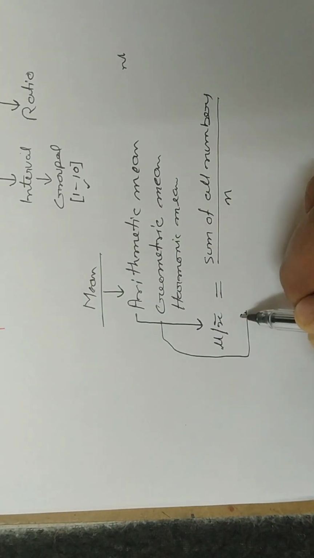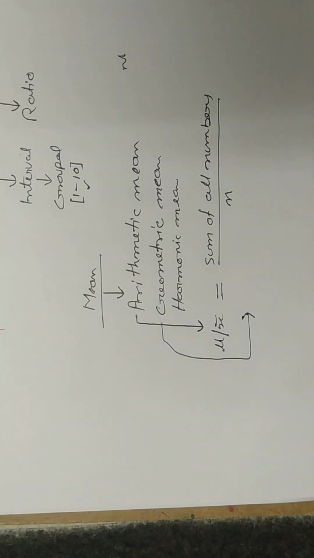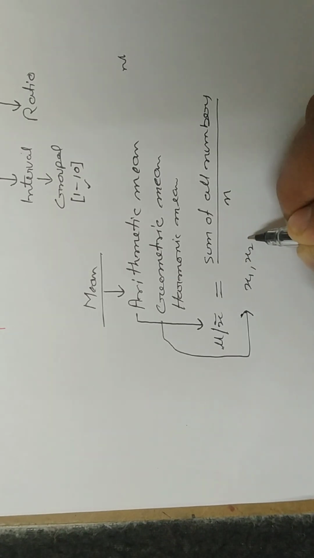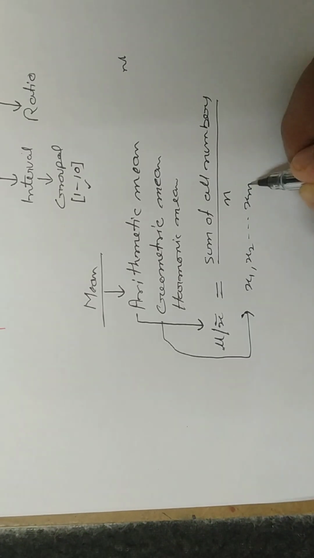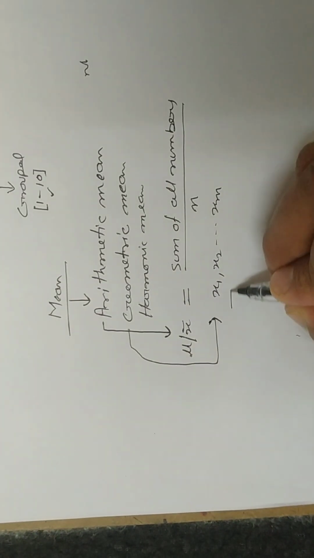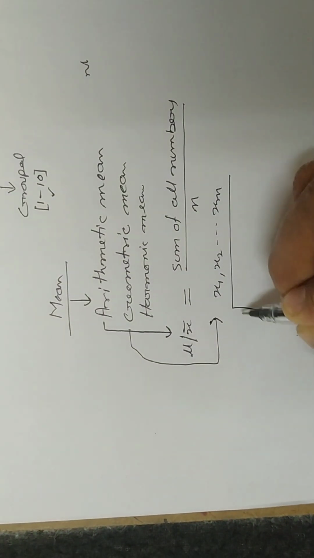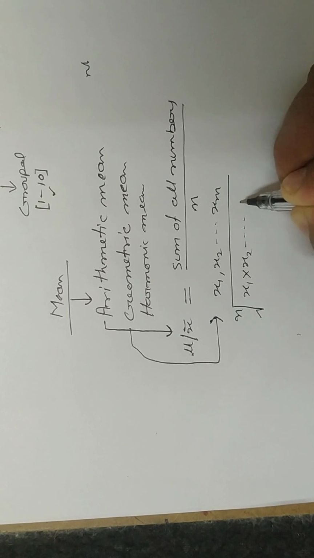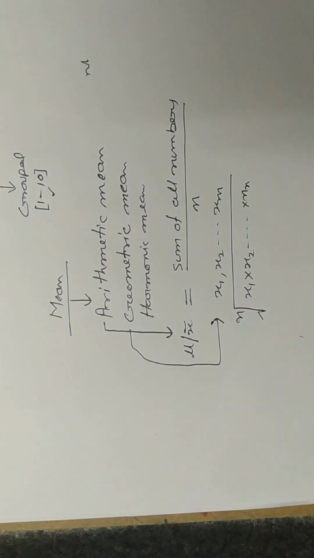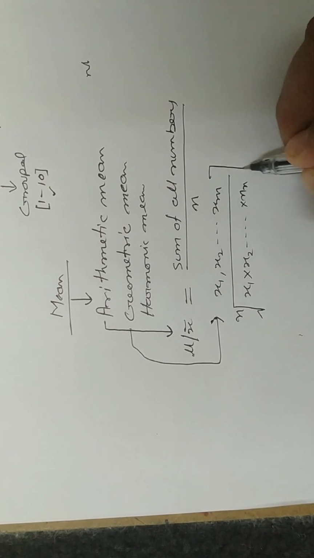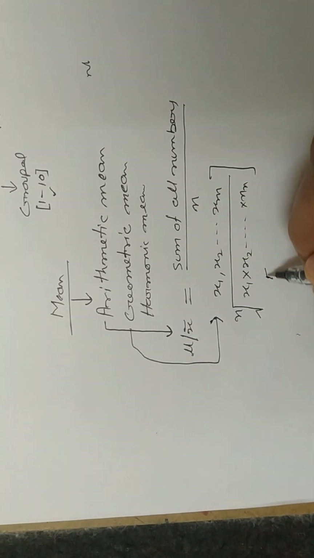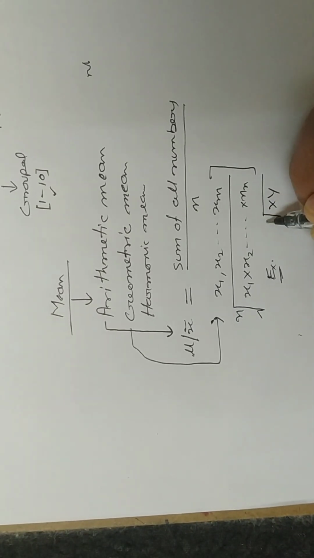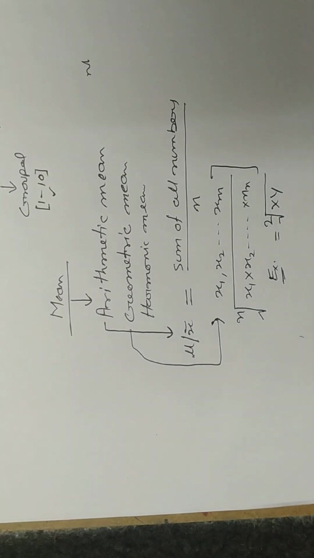Similarly, the geometric mean. Suppose that we have n numbers x1, x2 and xn, and we want to calculate the geometric mean. Then the geometric mean of n numbers is the nth root of the multiplication of all numbers x1, x2, so on xn. Similarly, for example, suppose you have two numbers x and y, then this is the geometric mean of two numbers.